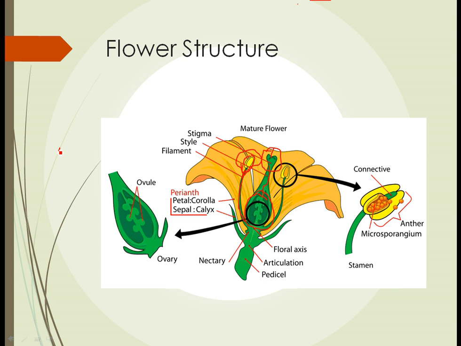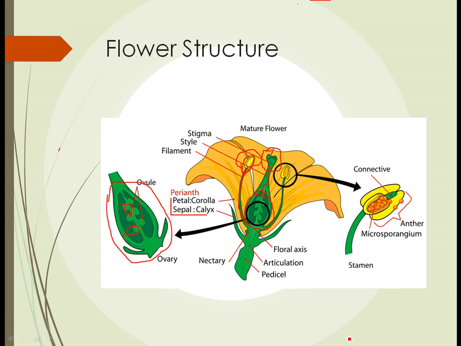Over to the right here, we have a more close-up diagram of a plant ovary, inside of which are ovules, these little globular things. Each ovule contains an egg, and what happens in pollination is that the pollen from an anther is deposited on the stigma of a flower.